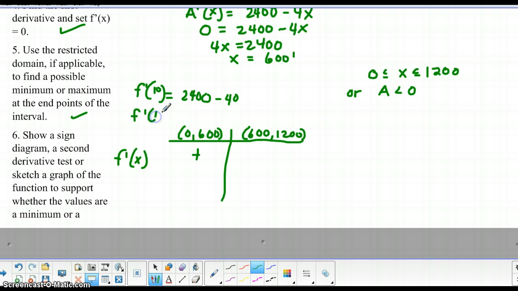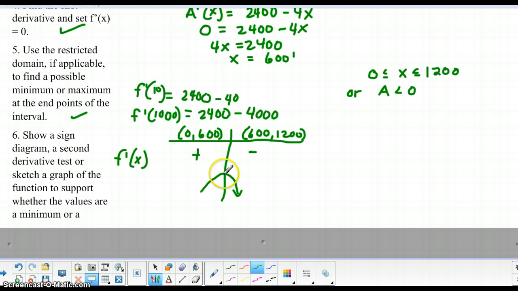And again, remember we're testing in our first derivative. So if I test 1000 in this range, we have 2400 minus 4 times 1000, and that clearly is a negative number.